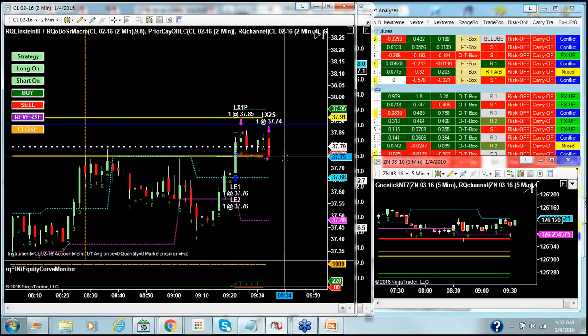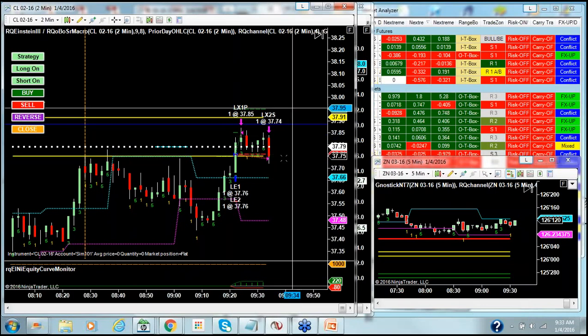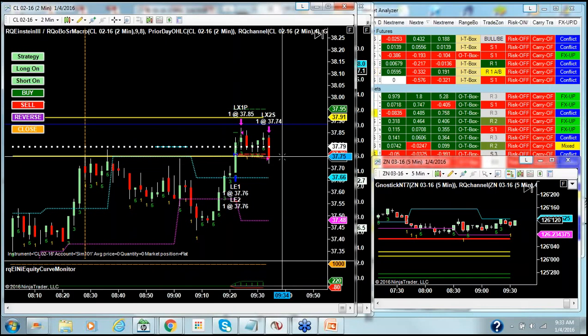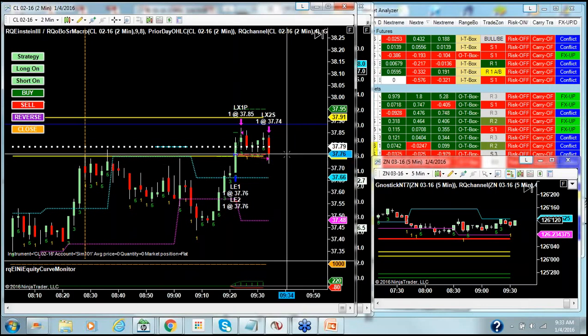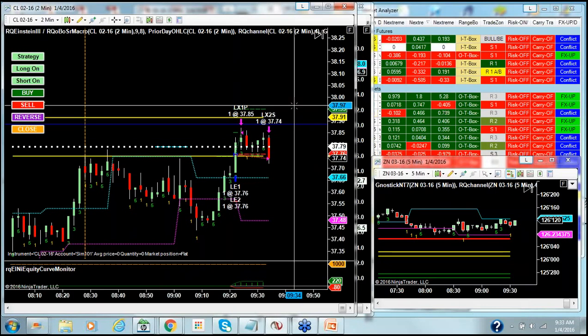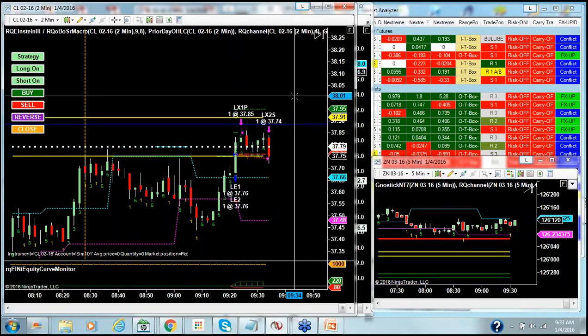And that's how we use 2 different profit targets and exits and a dynamic stop loss to reduce your risk. And so this one fared out with a plus 7 ticks. Not so bad, it being the first day of the year.